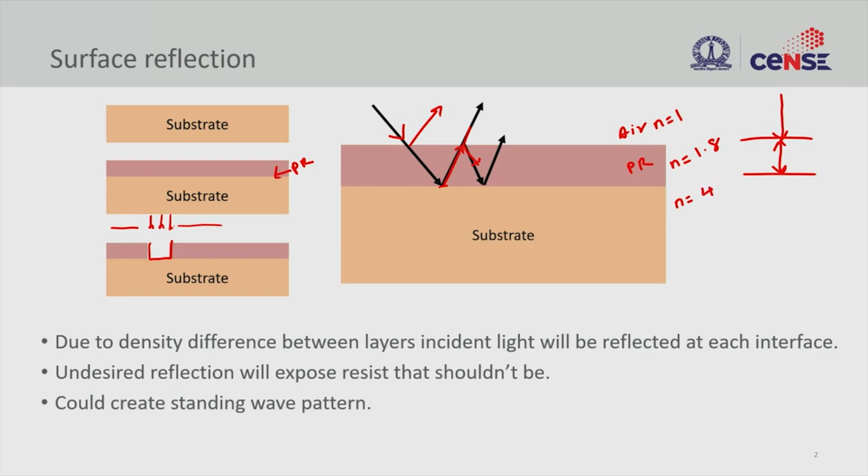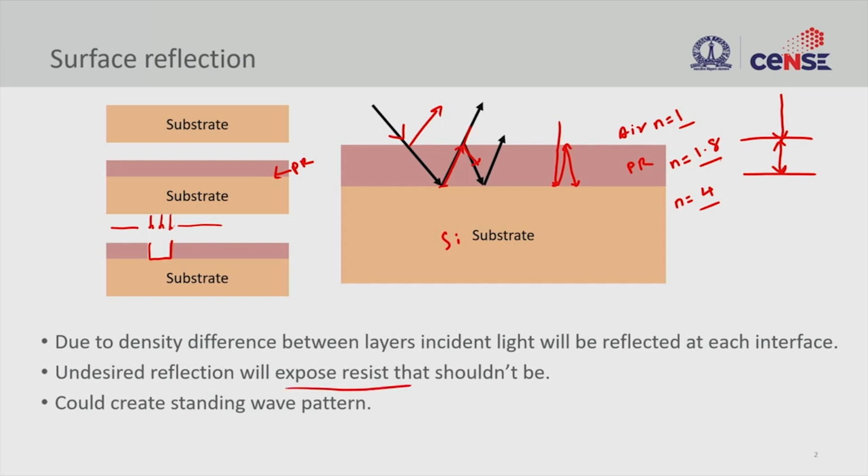So this is how your refractive index contrast is going to look. Because there is an inherent difference in the stack, you will have this reflection. So ideally you want only a single beam, and then it should expose the photoresist. But now we have beams that are trying to bounce back and forth, and this bouncing back and forth could result in undesirable exposure.